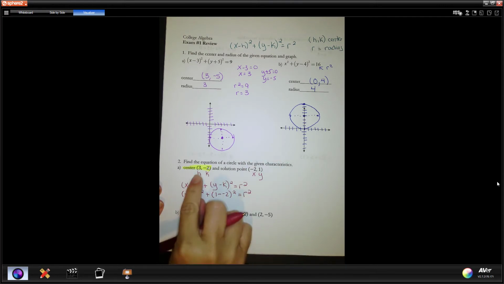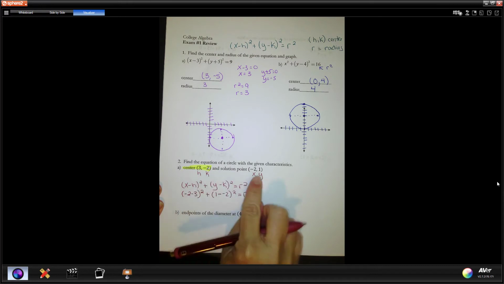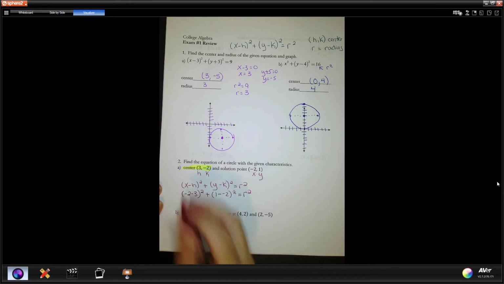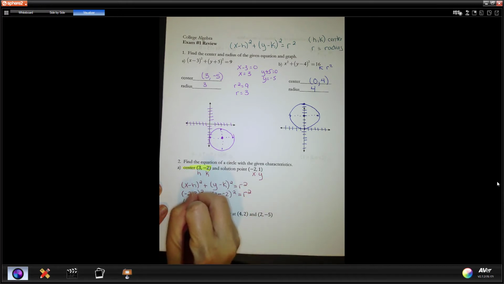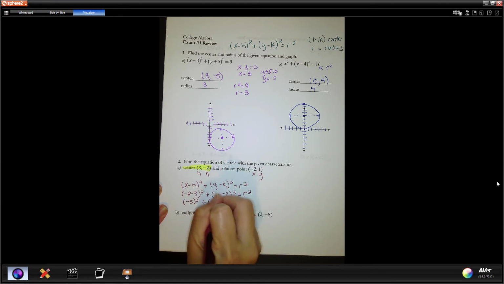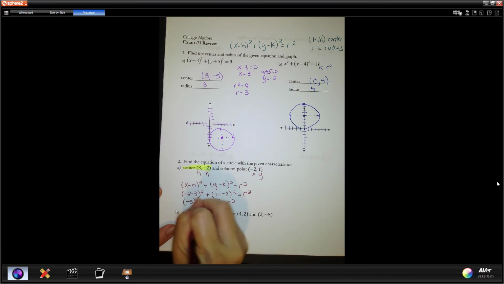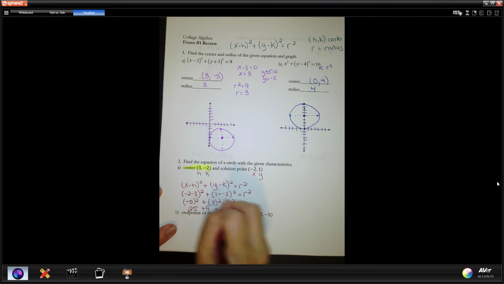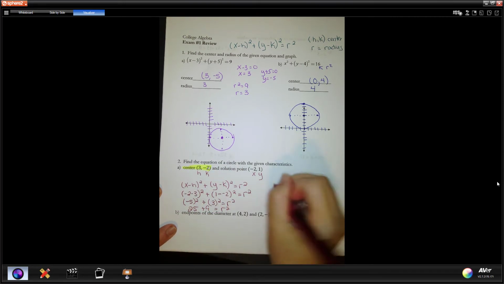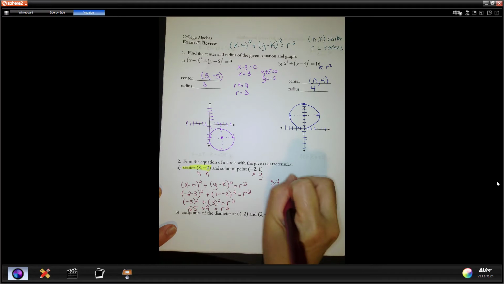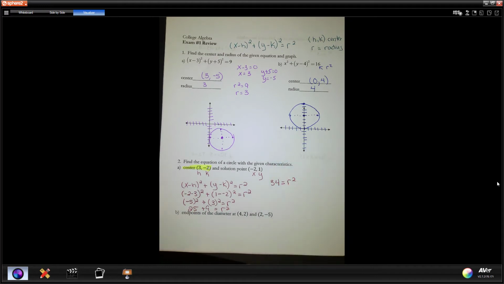So now we have negative 5 squared plus 3 squared equals r squared. So 25 plus 9 equals r squared. So 34 equals r squared.